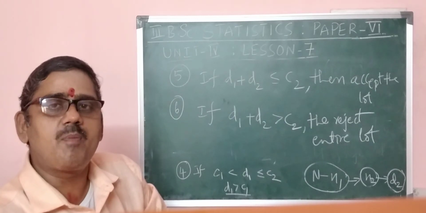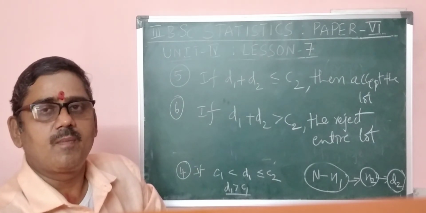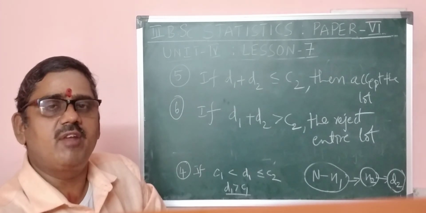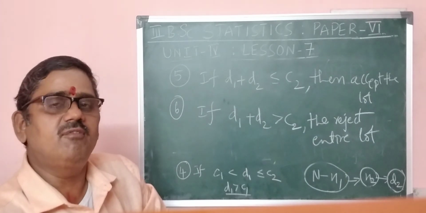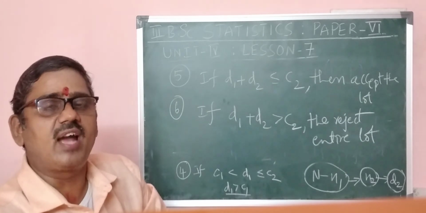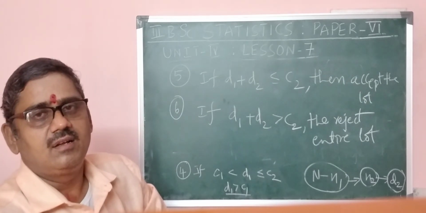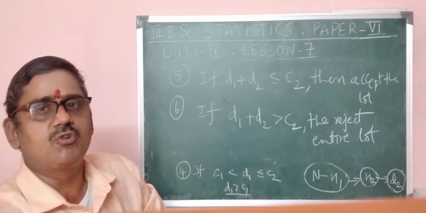especially to calculate the operating characteristic curve, which is one of the very important calculations, for which the probability of accepting the lot is going to be specified.